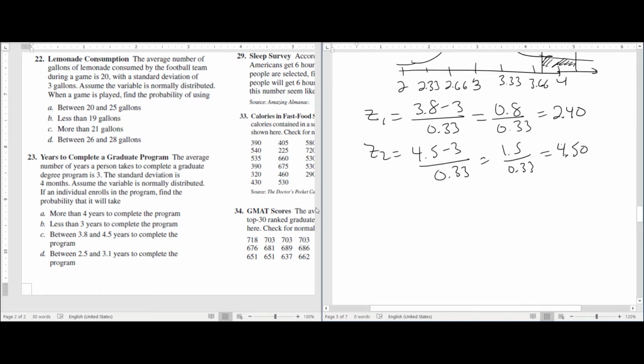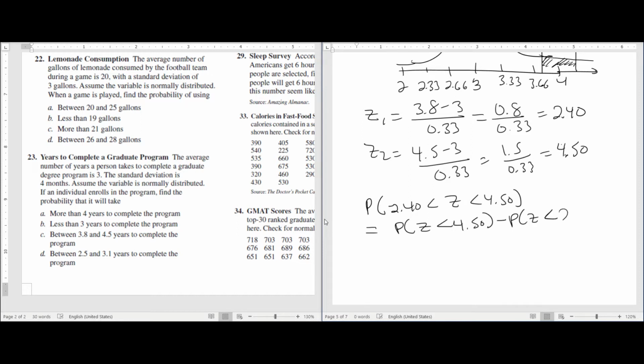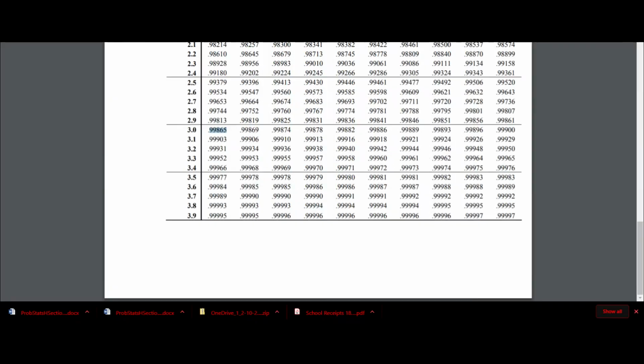So now we can find the probability that z is between 2.40 and 4.50. To do that, we need to subtract the probability that z is less than 4.50 from the table, minus the probability that z is less than 2.40, again from the table. We go to the table, and notice that there is no 4.5. Since there's no 4.5 here, we're going to estimate it to be 0.9999.